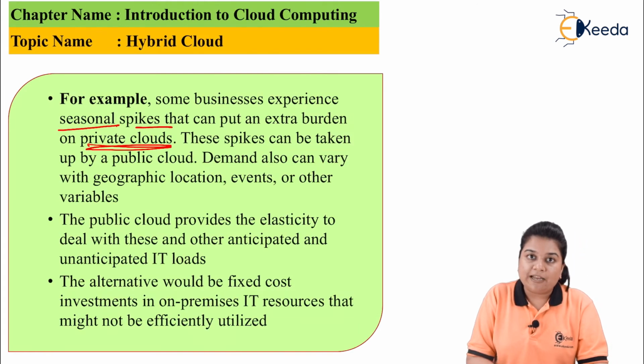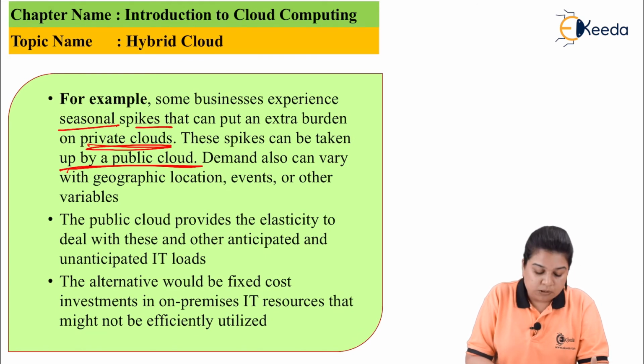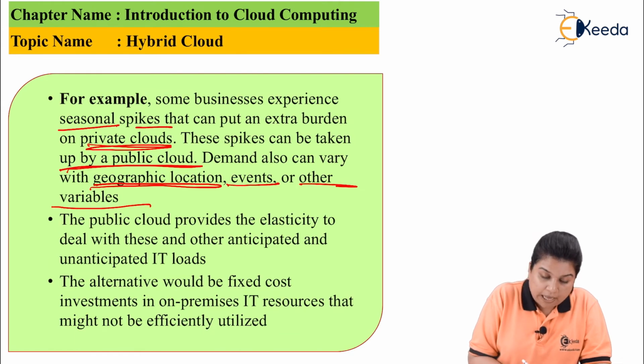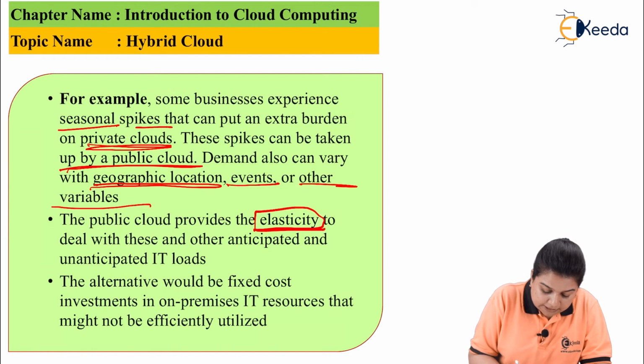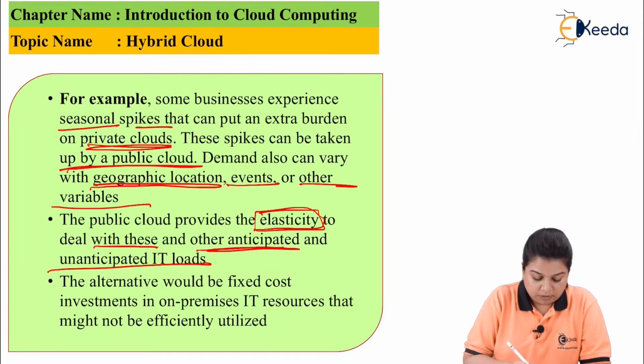These spikes can be taken up by a public cloud. Demand can also vary with geographic location, events, or other variables. Another thing is the public cloud provides the elasticity to deal with these and other anticipated and unanticipated IT loads.